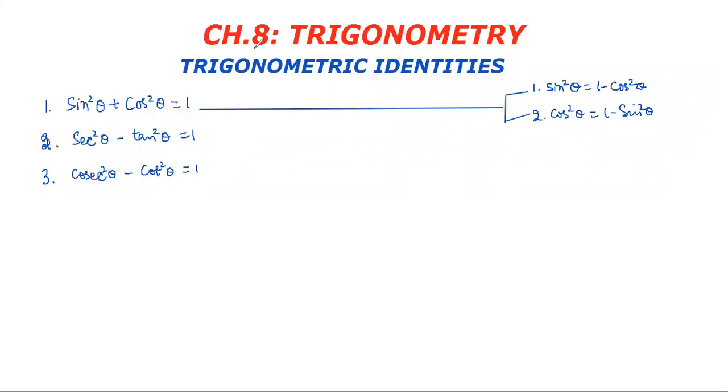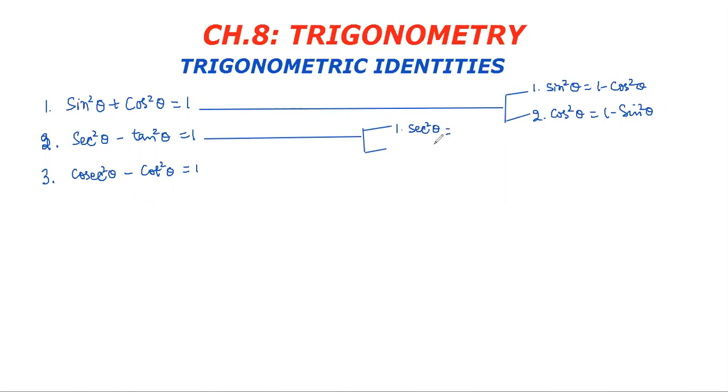So this is the same identity, but the results can be learned in this form also. Similarly, if you have this identity, the result can be written in these two formats. First, secant square theta. As I told you, you will always consider the trigonometric ratio which has S in it as the powerful one.